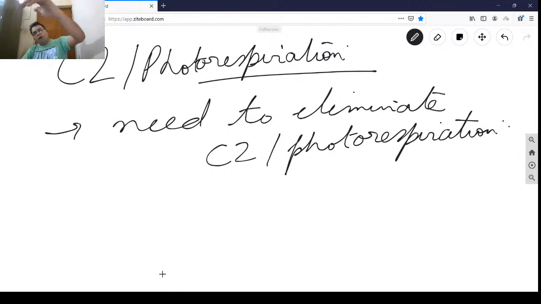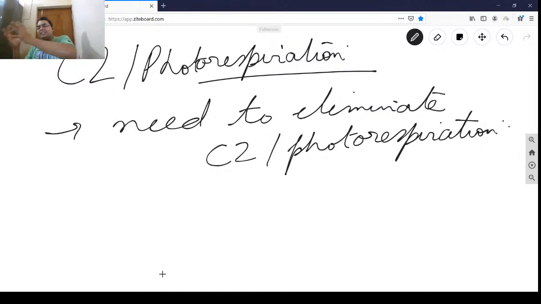Now, why would photorespiration need to be eliminated in the case of C4 plants? Because C4 plants are not getting enough sunlight all the time. So whatever sunlight they're getting, they need to make proper use of it and maximize the production of starch.